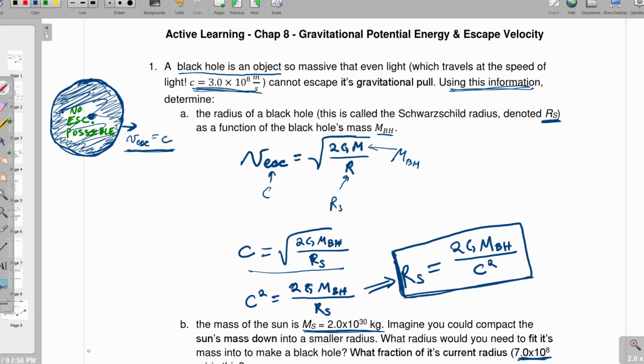Newtonian gravity and general relativity become equal in that limiting case where you're an infinite distance away from a mass. When you're really far away from a mass, then the two have to be equal to one another. So that's why you can use Newtonian mechanics even in this case of a problem with a black hole, where you would think that you might need to use general relativity to solve the problem. So that's kind of cool.